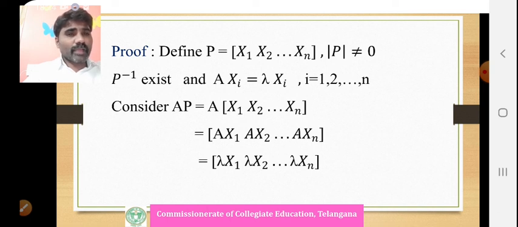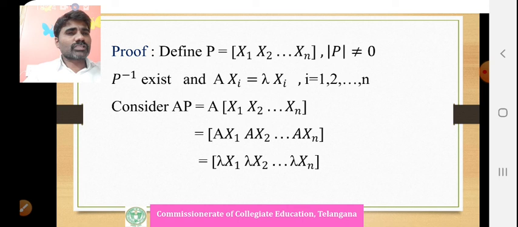Now we define the matrix P equals x1, x2, up to xn. Then the determinant of P is not 0, so P inverse exists, since P is an n by n square matrix and all vectors x1, x2, xn are linearly independent.